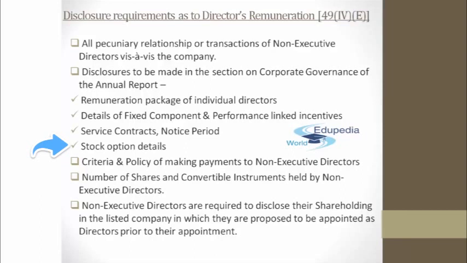So disclosure needs to be made in the corporate governance section of the annual report relating to the remuneration packages of individual directors, the fixed component and performance-linked incentives, the service contracts, the notice period, the severance fees, and any other stock option details, if applicable. Perfect.